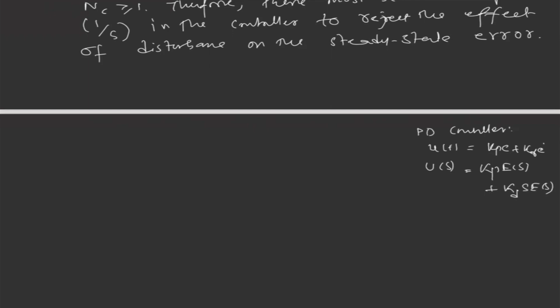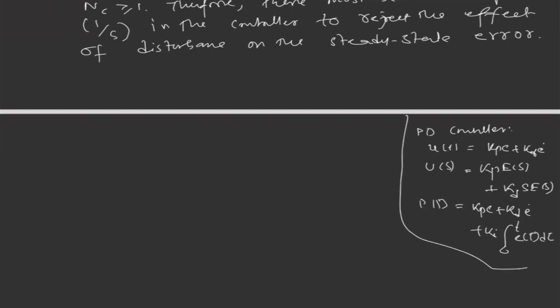There is no integrator in the PD controller, but if you have a PID controller, we have an integrator in the control law. Basically, here the structure is K_P e plus K_D e dot plus K_I integral from 0 to t of e(tau) d tau. So if you take the Laplace transform, there will be K_I upon s, so there will be an integrator.